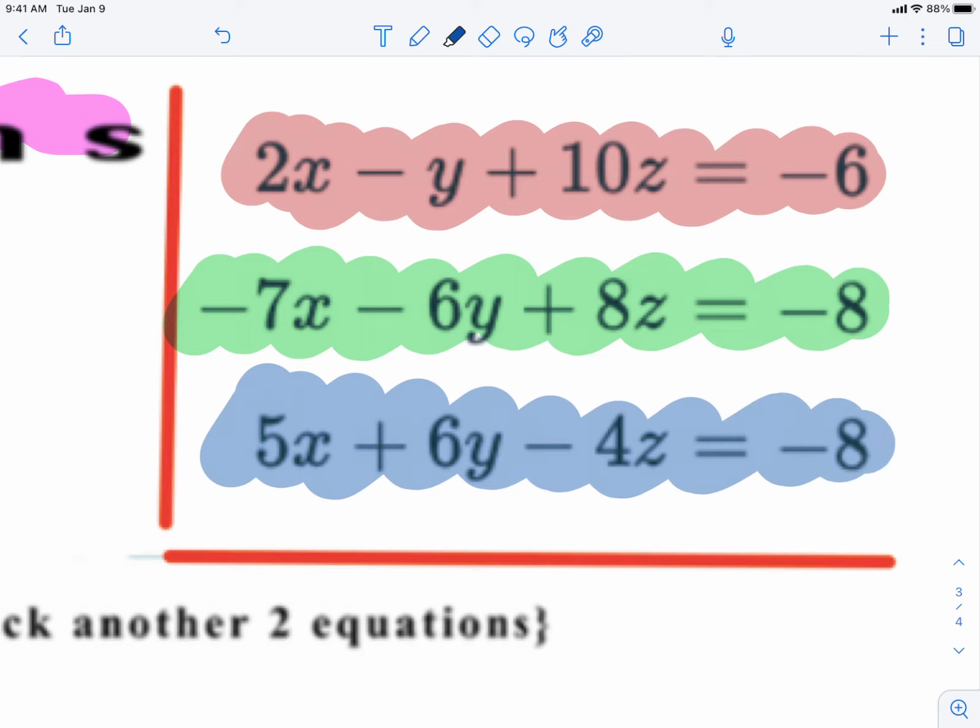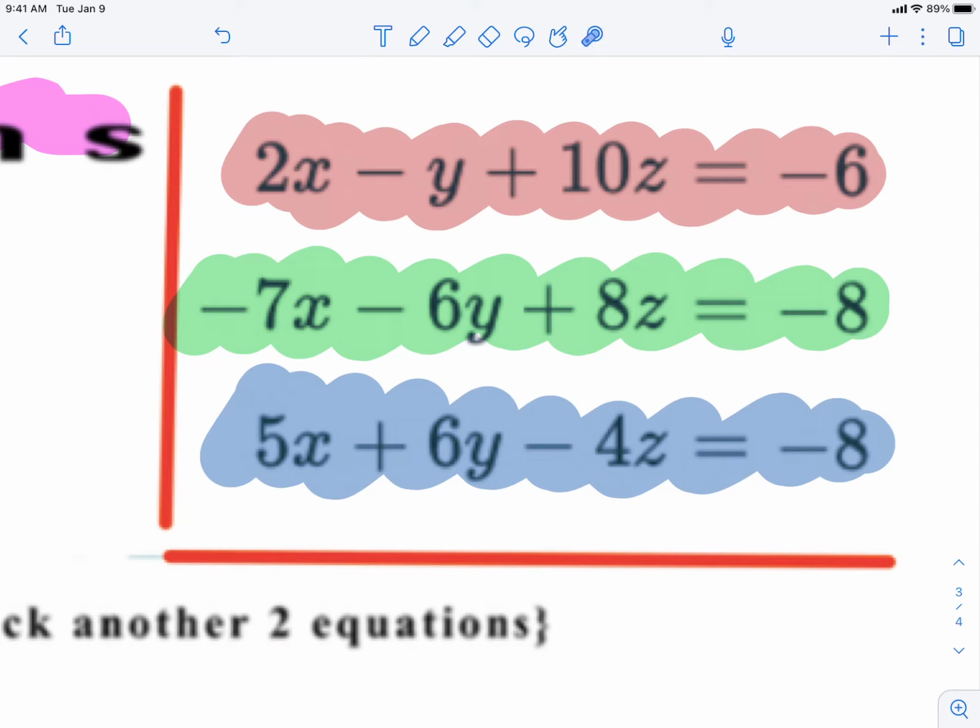So what I want is to have everything be the same number, the same variable as well, and I need at least two negatives or two positives, and then the third sign be the opposite, a negative or a positive.